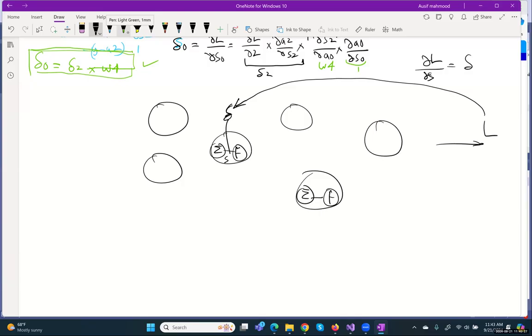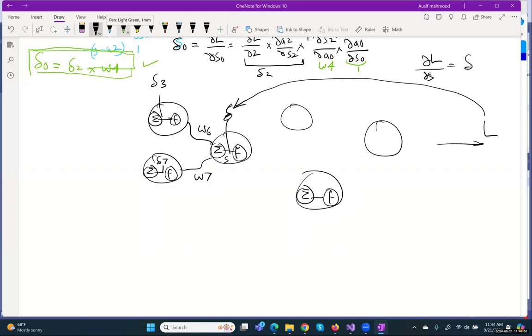So then as we work backwards, for example, let's say there's a W6 over here, W7 over here, right? Suppose this is delta 3, for example. Let's say there's another delta, let me call it delta 7 as an example.